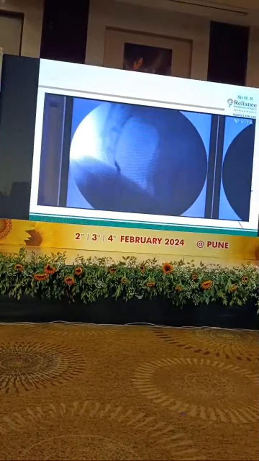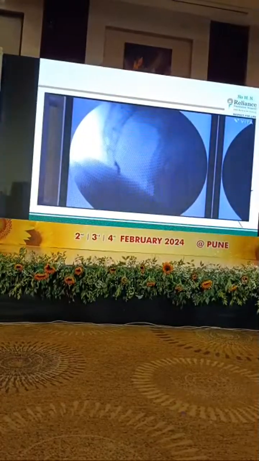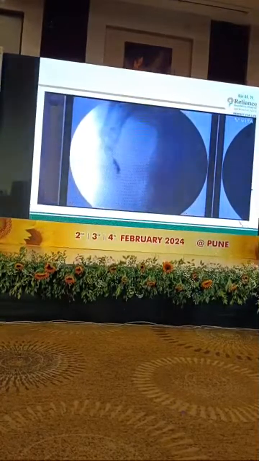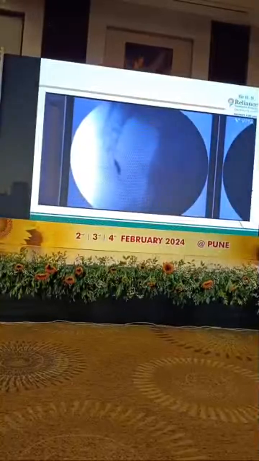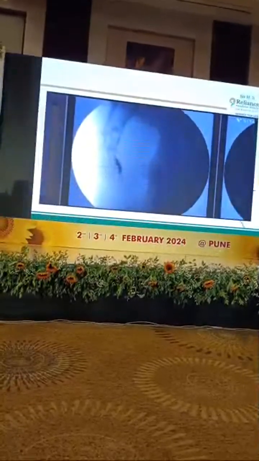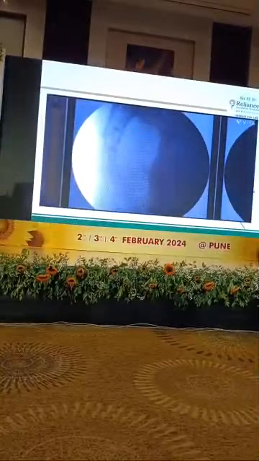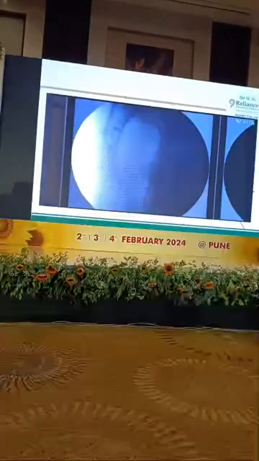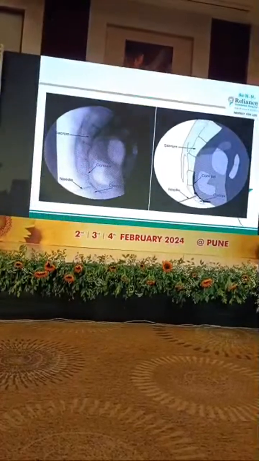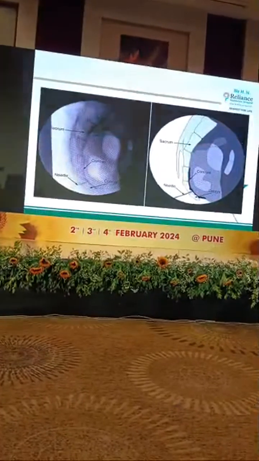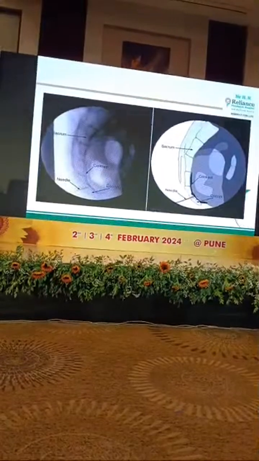Usually the spread of the dye is what we describe as comma shaped in the retroperitoneal space. Once you get a good dye filling, you then inject your local anesthetic and steroid. This is the representation of the dye spread in the retroperitoneal space.